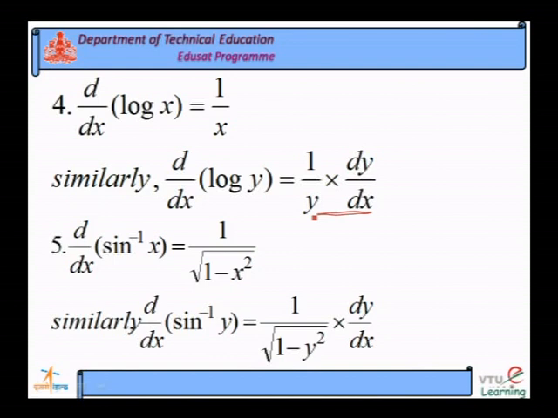Differentiation of sin inverse x is known, it is 1 by root of 1 minus x square. If we have sin inverse y, the derivative is 1 by root of 1 minus y square into d by dx of y. So, at the end of differentiation of the y term, we have to write dy by dx.